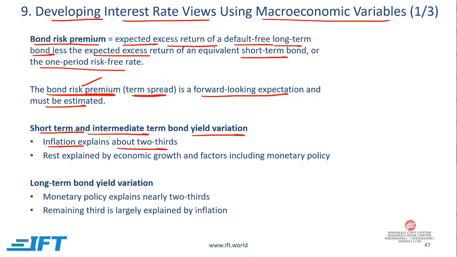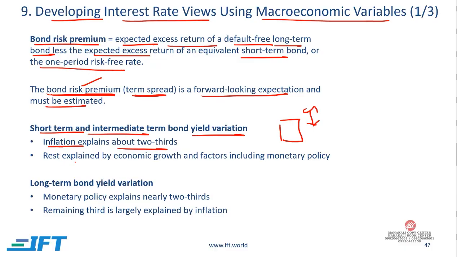Now, we are not saying that inflation is 2/3 of the short-term or intermediate-term rate. What we are saying is that if we have a short-term rate, there is a variability in this yield associated with short-term bonds or intermediate-term bonds. 2/3 of this variation is explained by inflation.